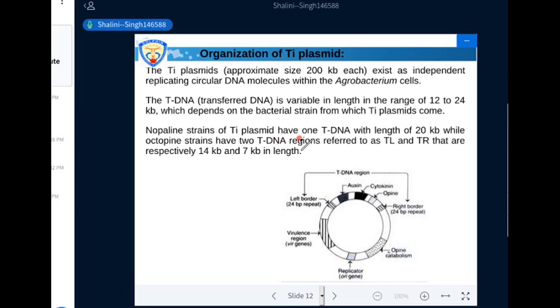Nopaline strains of Ti plasmid have one T-DNA with a length of 20 kb, while octopine strains have two T-DNA regions referred to as TL and TR that are respectively 14 kb and 7 kb in length.